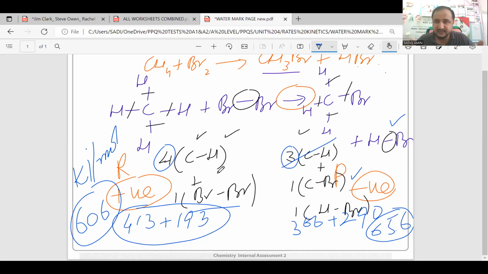So if you're using this method, the way I'm telling you, you're not going to use any formula like reactant minus product or product minus reactant. Leave that. Don't use that. Just keep in mind, reactants are always positive. Products are always negative. Now you pick up the negative and the positive values and add them together. And how will you add now? 606, a positive value, minus 656.